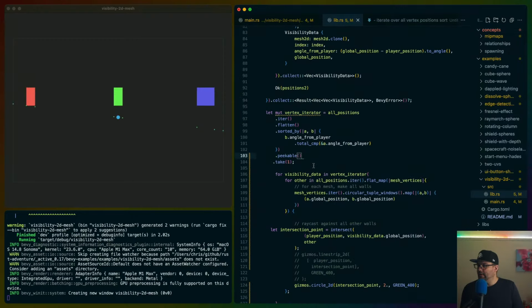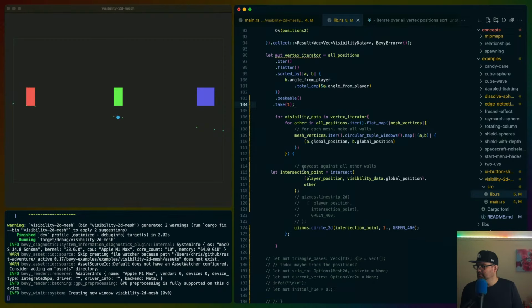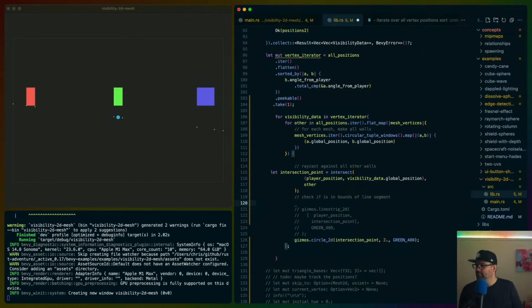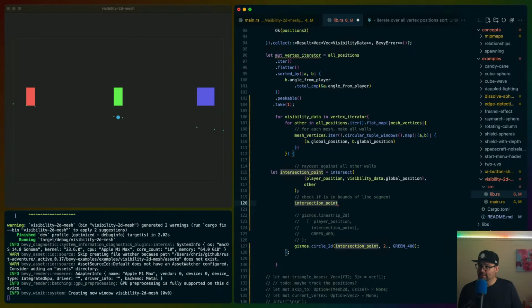So when given an intersection point, we have to check to see if this intersection point is greater than, less than, greater than, less than on X and Y.